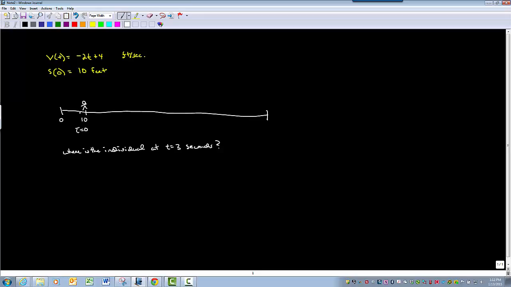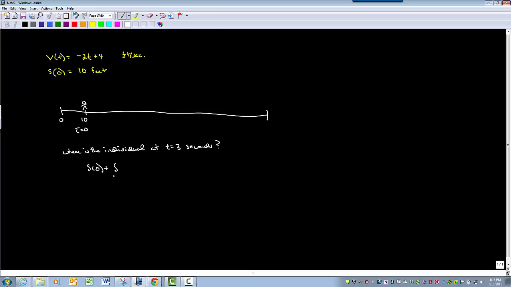Well, here's what we need to do. We need to figure out how far the person's moving in 3 seconds. So what happens to them? Clearly, from the last example, they're going to move out and then they're going to come back a little bit. And so what we do is we take the initial position and we add it to the displacement.